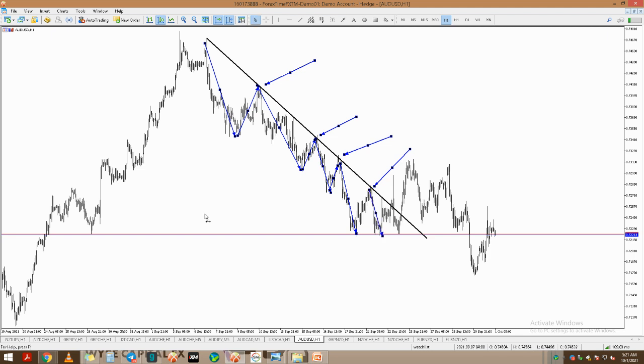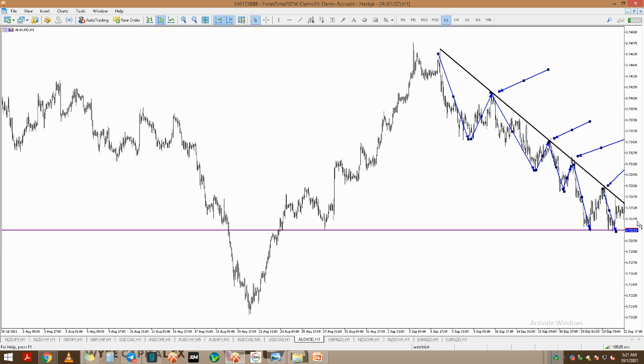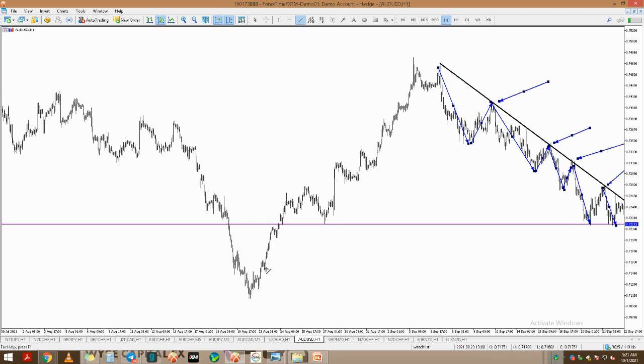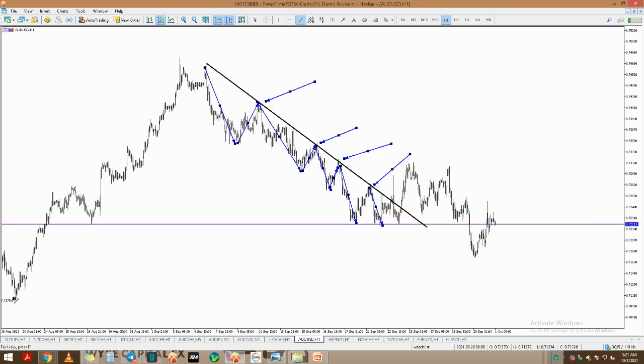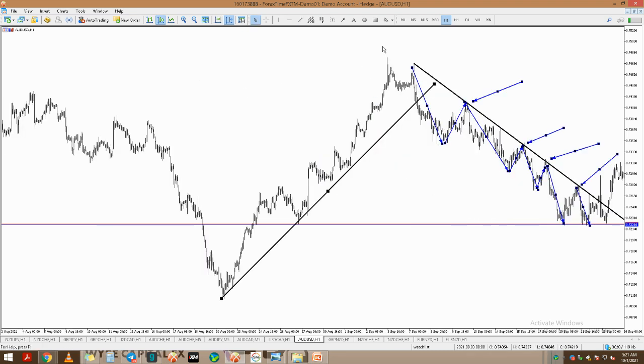While for demand zone, if I draw a trend line from this point going up, you should be able to see that whenever price came to this trend line, it was being pushed back up, you see.